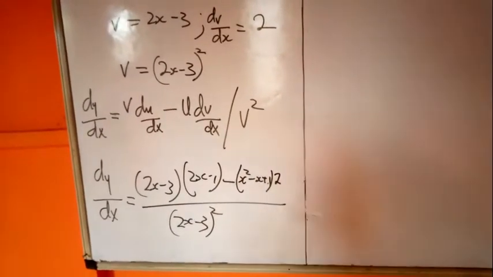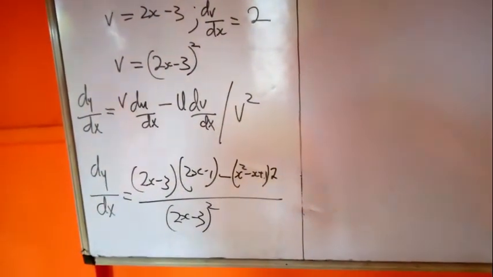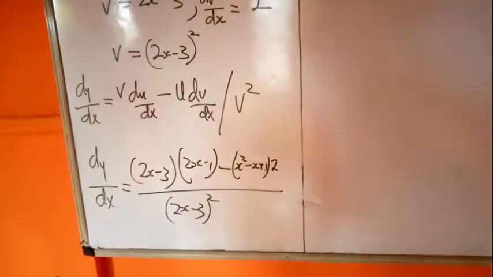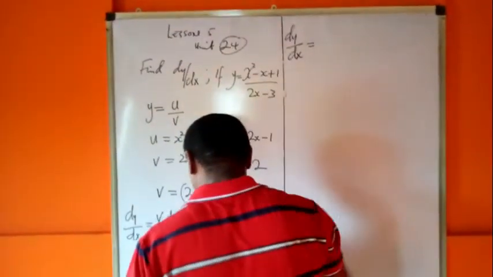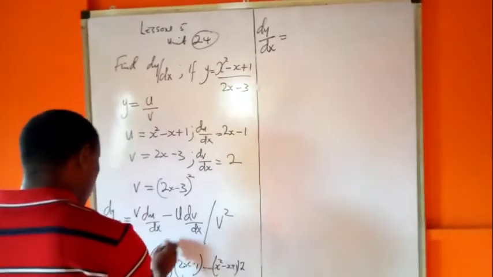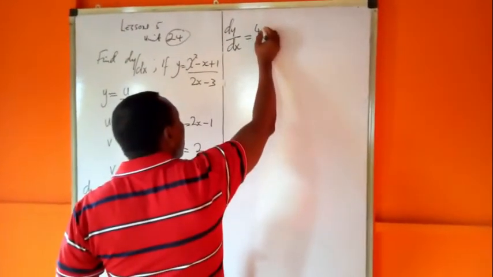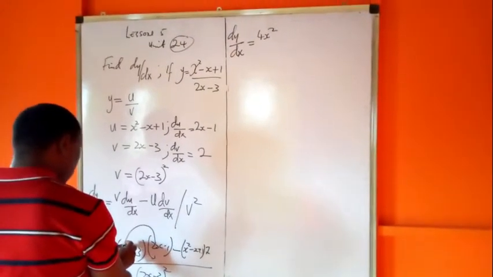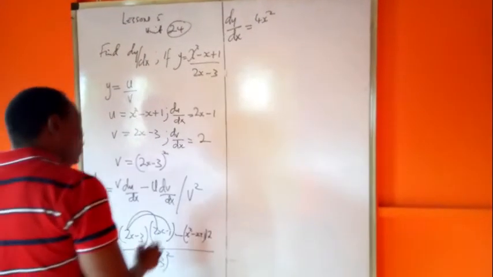So here we are going to expand these factors and see what will happen. If we expand it, dy dx is simply 2x multiplied by 2x will give us 4x squared. Then 2x multiplying minus 1 will give us minus 2x.